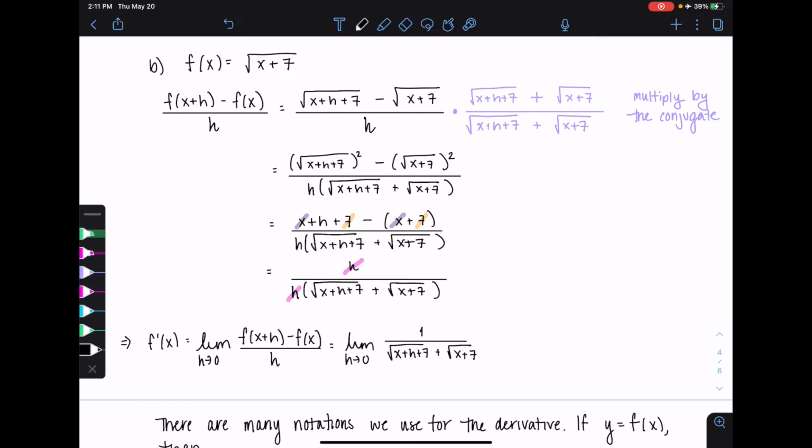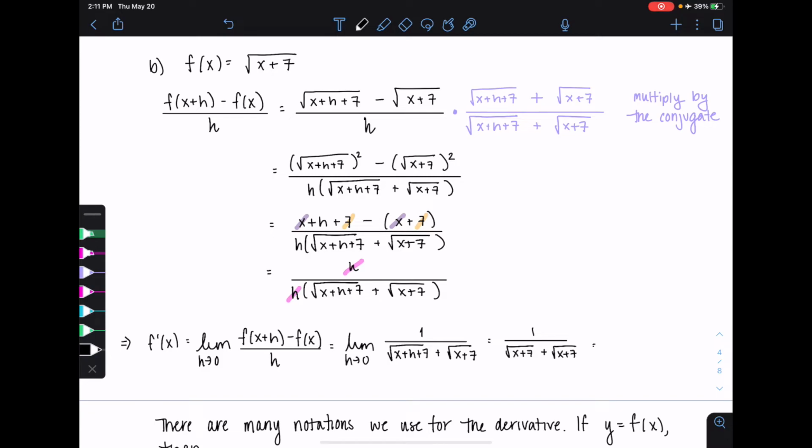And now we have no issues plugging in h is 0 here. So this gives us 1 divided by the square root of x plus 7 plus the square root of x plus 7. So we get 1 divided by 2 square root of x plus 7.